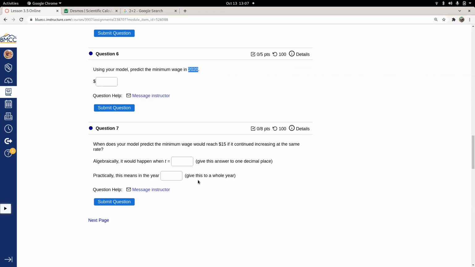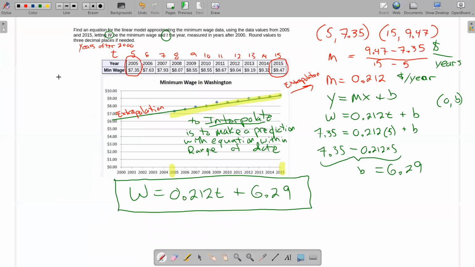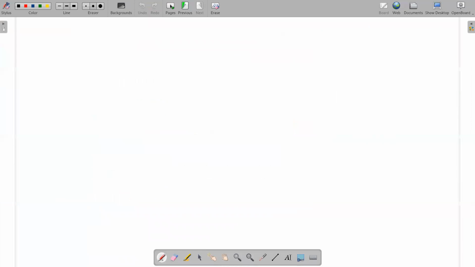Question number 7 says, when does your model predict minimum wage would reach $15? Okay, if we continued with the same slope. So that means use this equation to figure out when it's 15. Let's try it. Our equation at the moment is W equals 0.212 T plus 6.29.